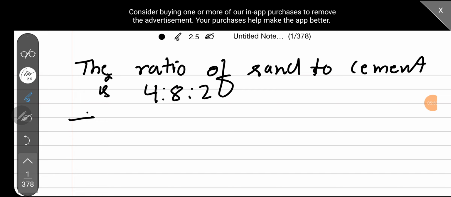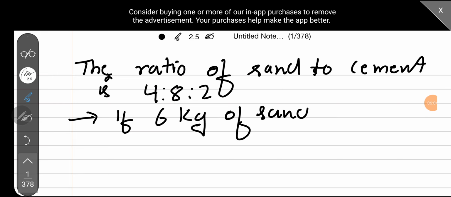Now what's the condition here? The condition is if 6 kg of sand are used, so how much cement is needed?